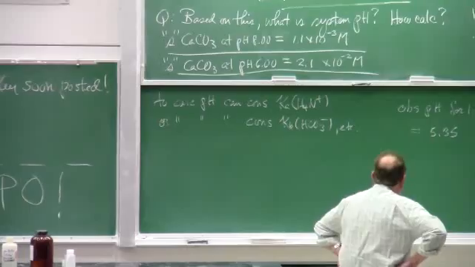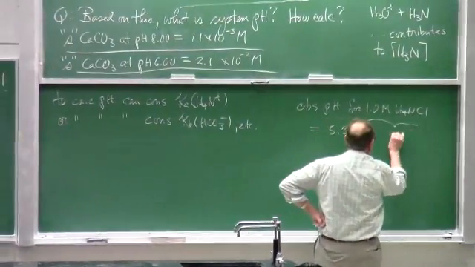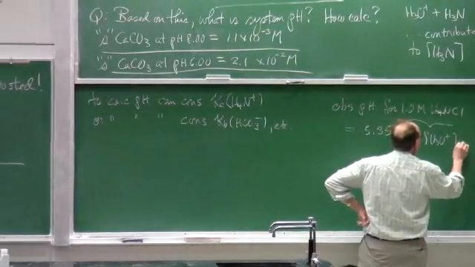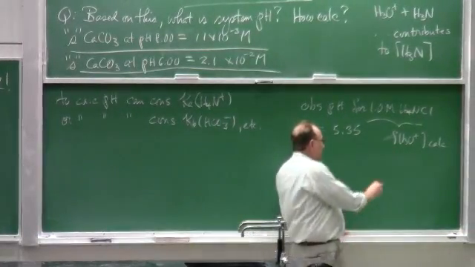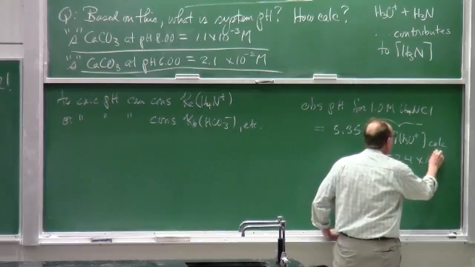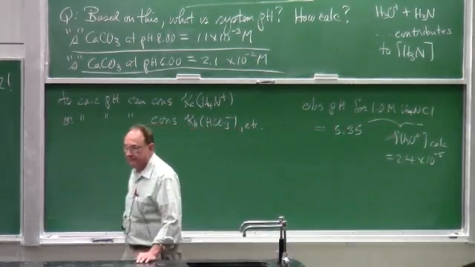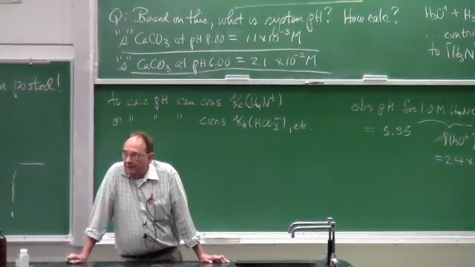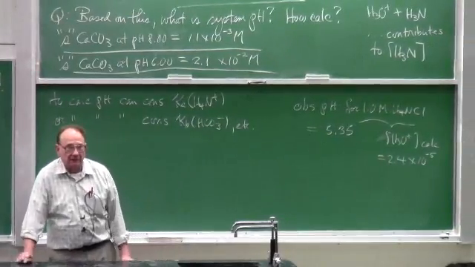All right? So I'll write down hydronium ion calc. It's 2.4 times 10 to the minus 5. What's pH? pH is 5 less the log of 2.4.